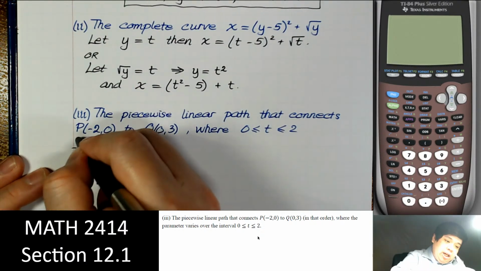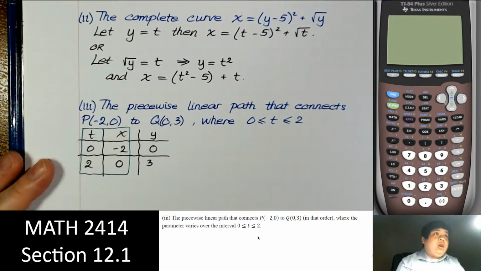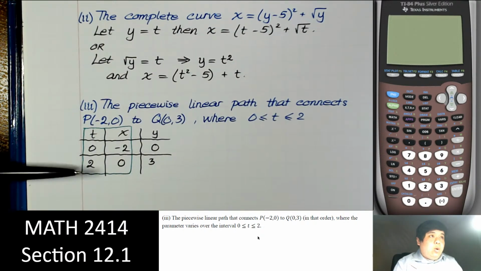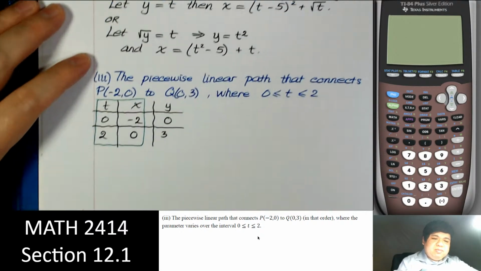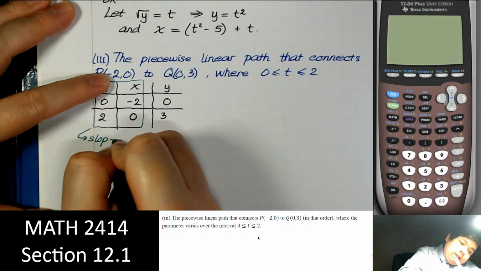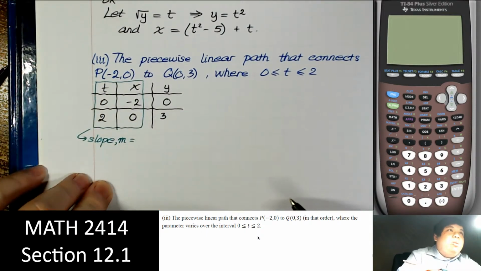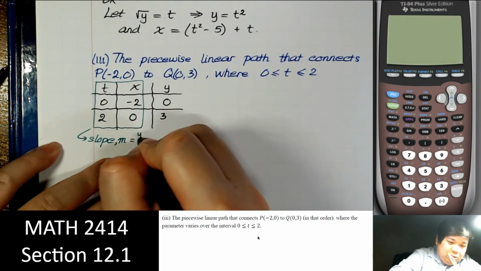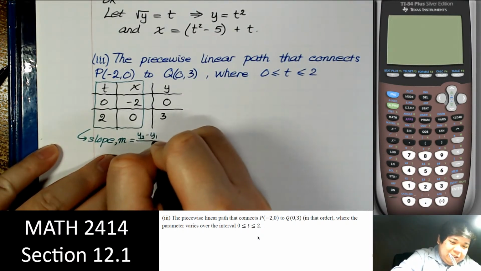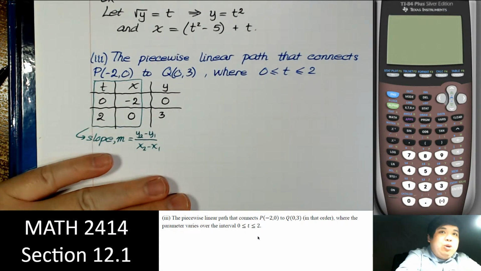So first, let t and x, we're trying to write the equation. When t equal to 0, we have -2. When t equal to 2, we have 0. We actually can draw it, but let's do this. Slope, you remember back in grade school, we used to do that, right?